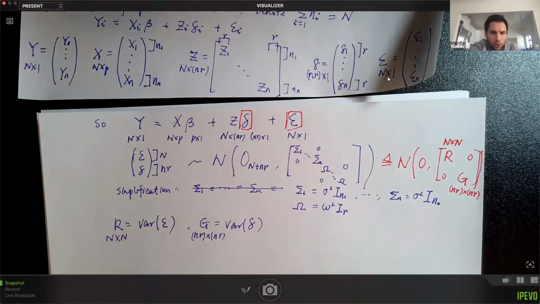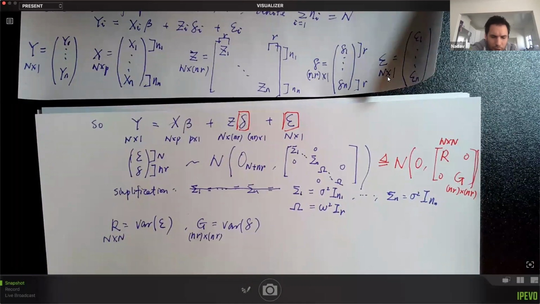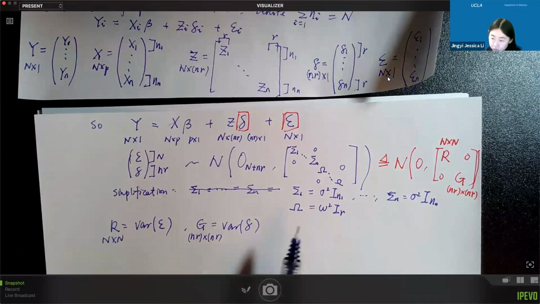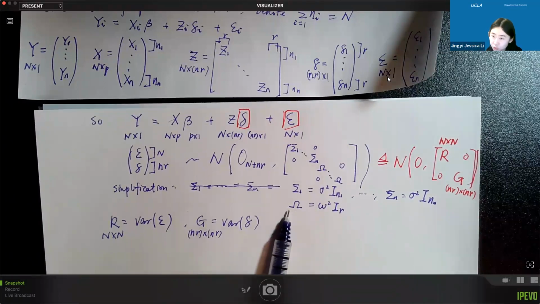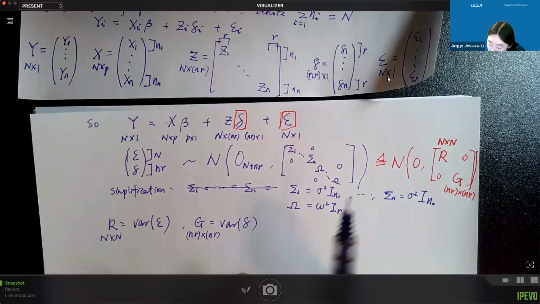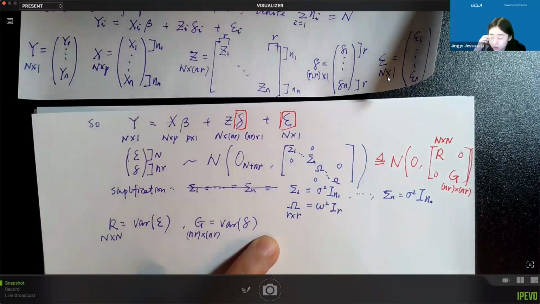Can I ask a quick question? Yeah. Is the big omega a diagonal matrix? Because within the groups, they are correlated, no? Omega has nothing to do with the observation within a group. Omega is an R by R matrix. It's about the R random effects within a group. So for example, if it's a random intercept model, then R equals 1.